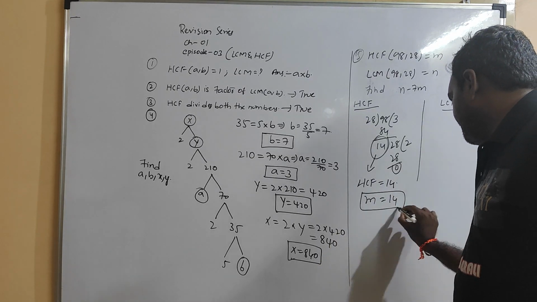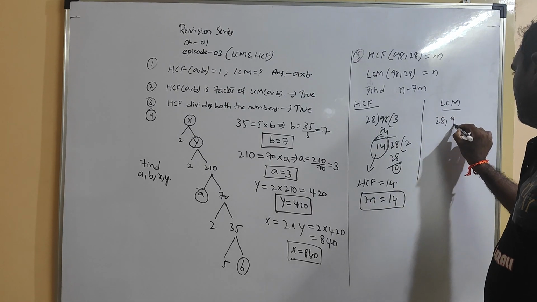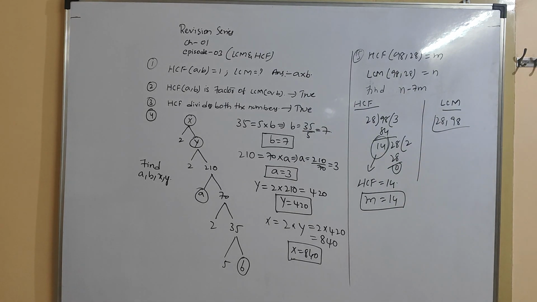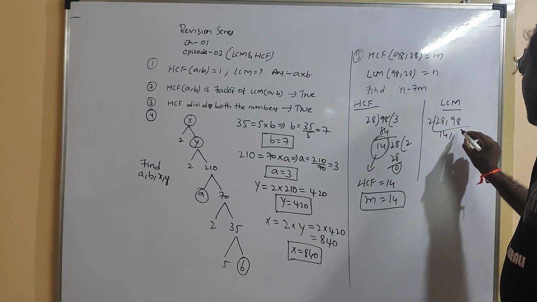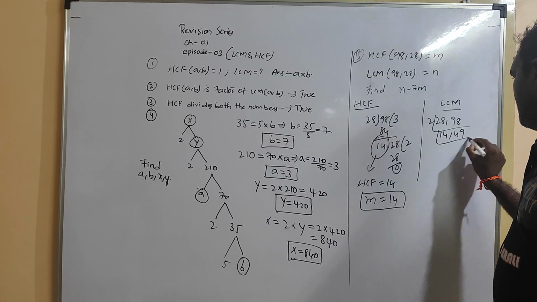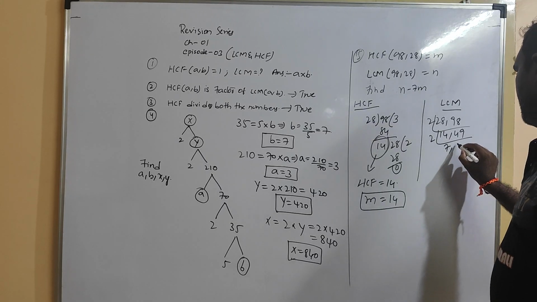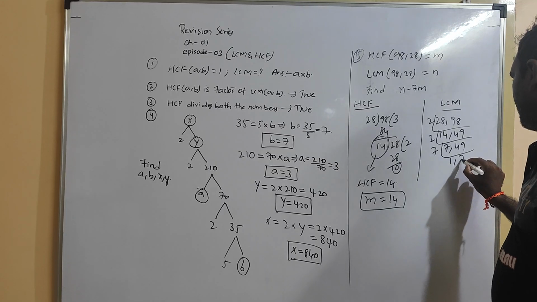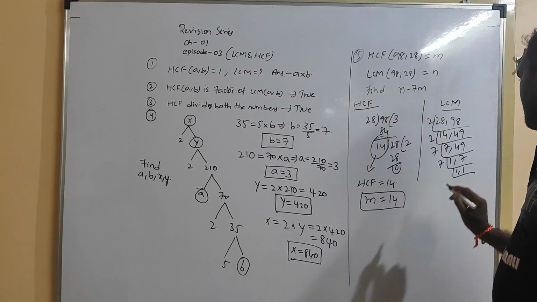This I got. And the LCM for 28 and 98, try doing by the cake cutting method fast. 98 and 28 LCM. 2 table 14, 2 table 49, 2 table 7, 2 table it won't go, 7 table 1, 7, 7 table 1, 1.